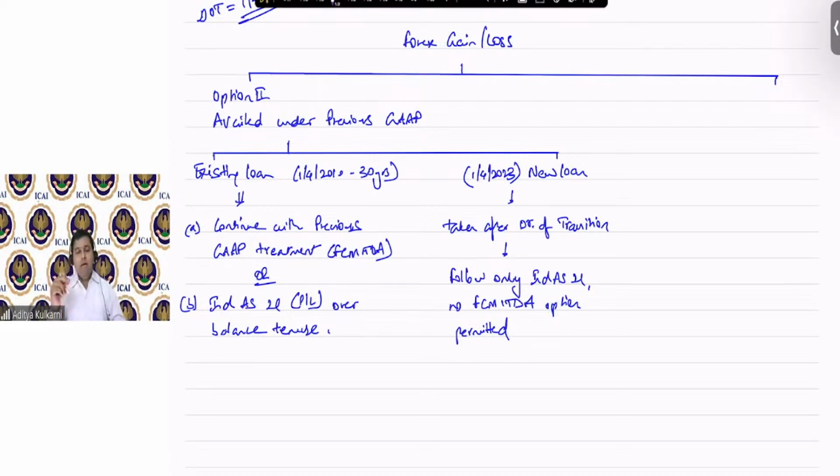Yes. Sir, but was FCMITDA an option or a mandatory requirement? Sir, it was an option. You could always have availed the default choice of taking the hit in your P&L. It is a one-time hit, take it, because who will open an FCMITDA, look at the loan tenure, and then every year, every month amortize it?